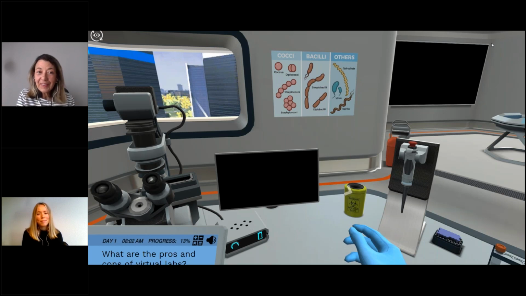On the other hand, one pro, and for me that is important, is that virtual labs are democratic, in the sense that they allow students who don't have the opportunity to access laboratories or research labs, or schools that don't have the resources to compete with laboratories or schools with more money, to actually have a similar experience.